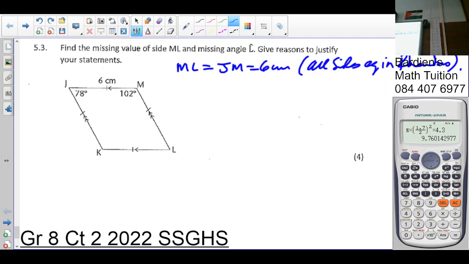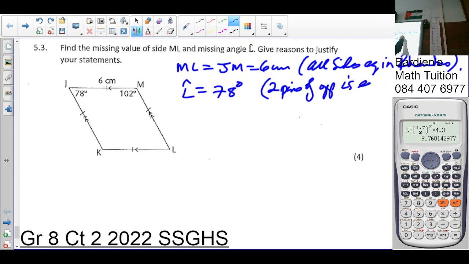Okay? And then the angle L is equal to 78 degrees. Why? Two pairs of opposite angles equal in a rhombus. So you said 108.